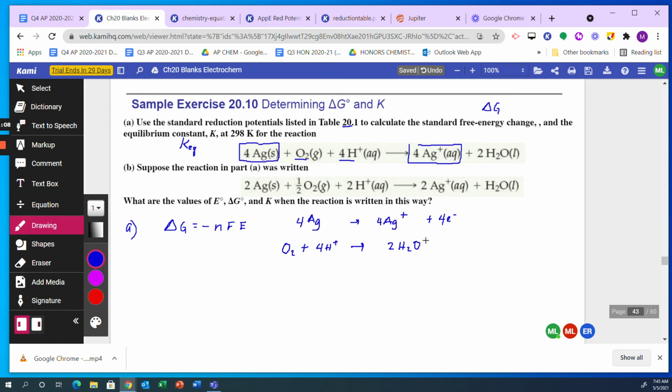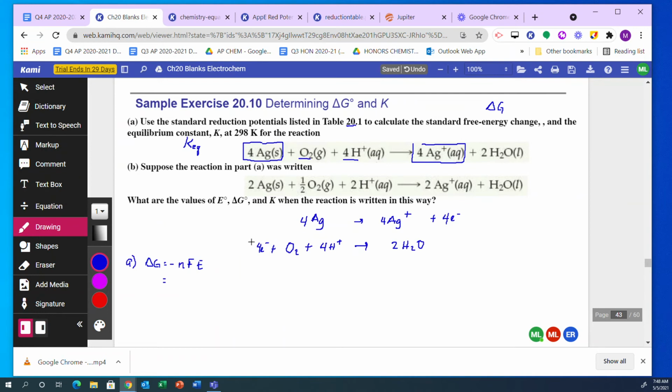So here I have 0 charge, here I have plus 4, so I'm going to put the electrons on the more positive side, I'm going to put it here. So the number of electrons would be 4. That's N right here. And there are no units.